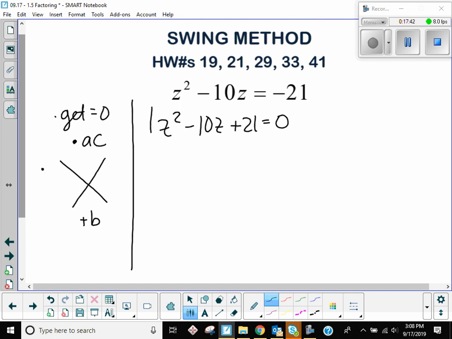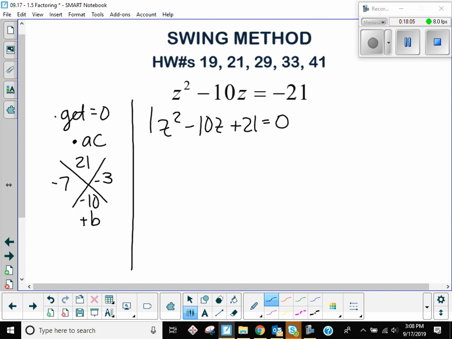So A times C is 1 times 21. And B is negative 10. What 2 numbers multiply to 21 and add to negative 10? Okay, negative 7, negative 3.